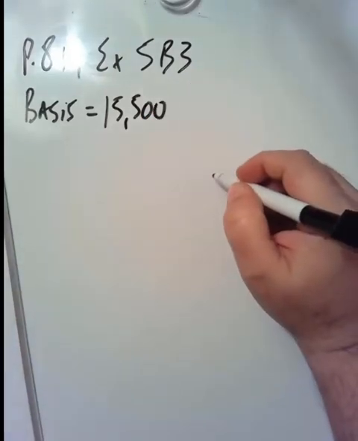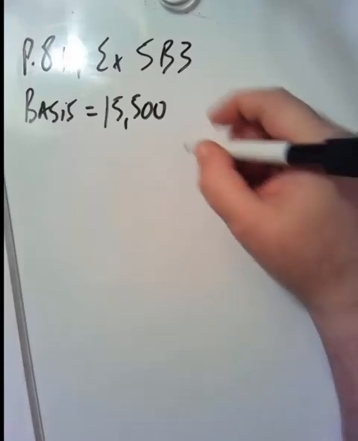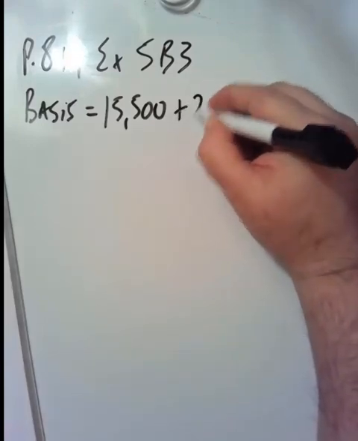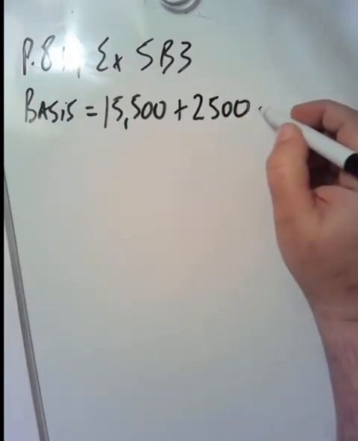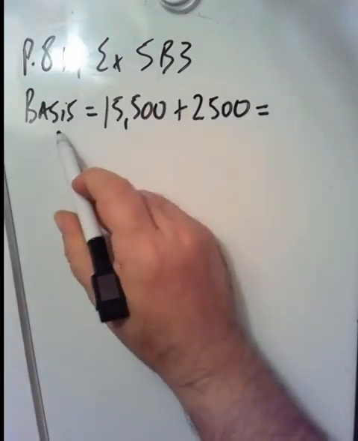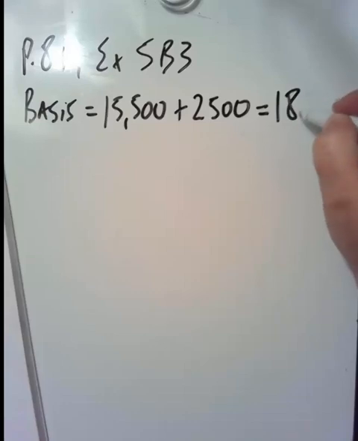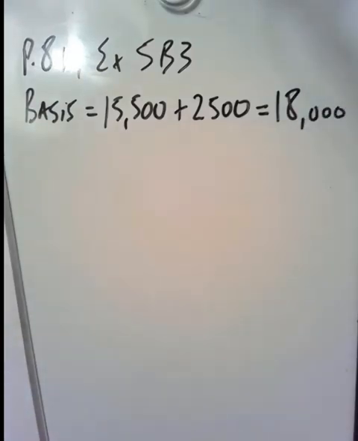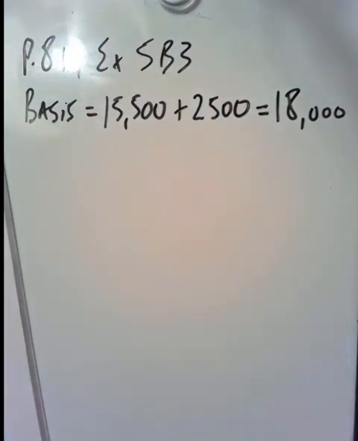Then foundation, wiring and plumbing and other installation expenses total $2,500. So the cost of this machine that we're going to use as a basis, okay, it's going to be $18,000. That's the reference for depreciation.